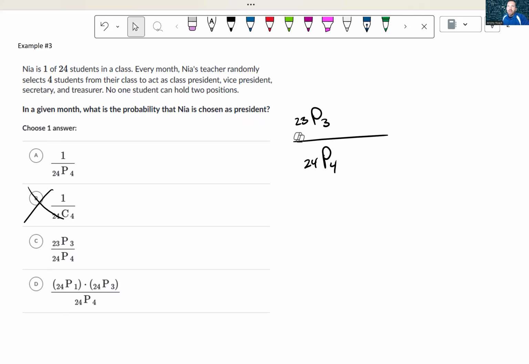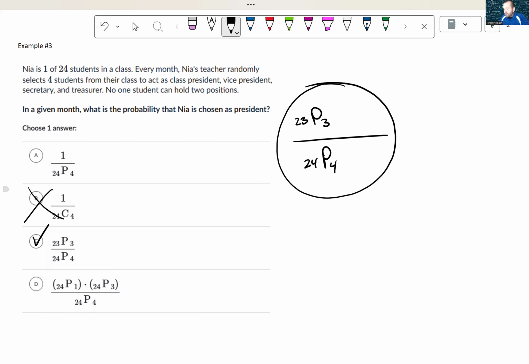Okay, so that's the probability that Nia is chosen as president, and that's just our final answer for this. That's going to be C. This question thankfully doesn't ask us for the numerical values of this. If it did, we could use the permutations formula. So I think the toughest thing about these problems is figuring out what the denominator is and if it's going to be a permutation or a combination.